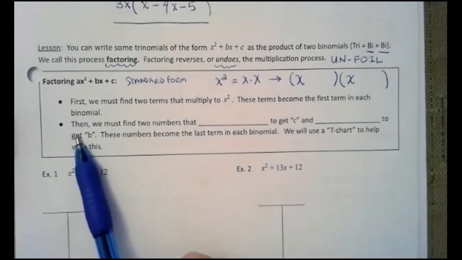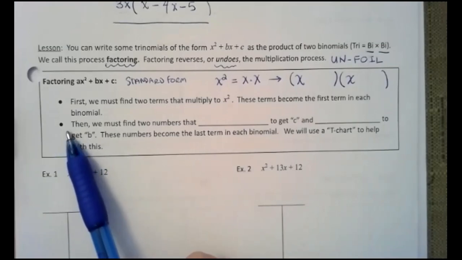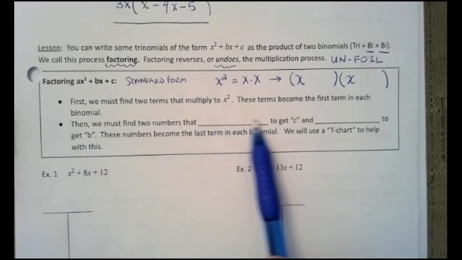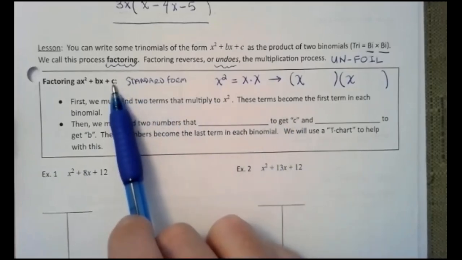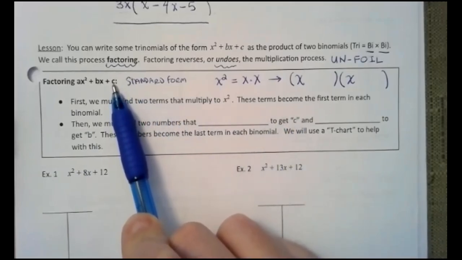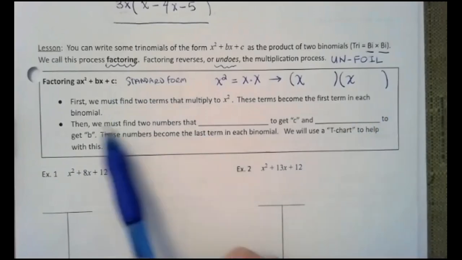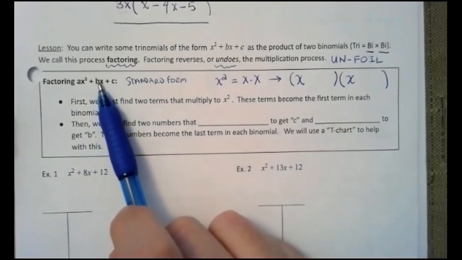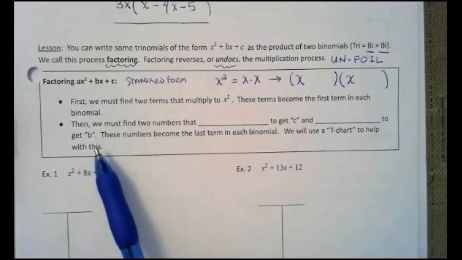The second step takes a lot of time. Then you want to find two numbers that blank to make c. Where's c? Well, c is the constant term at the end, and blank to make b. b is the coefficient of the linear term, our term in the middle.